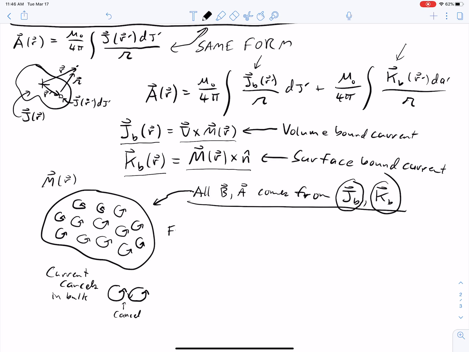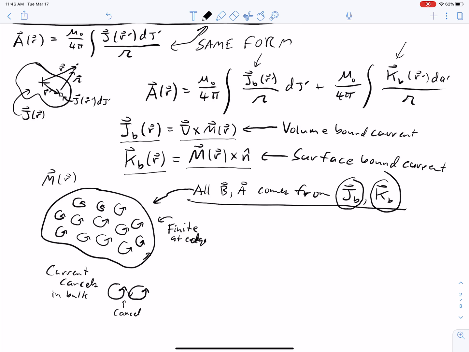So it's finite at the edge. So it makes sense that all these currents would cancel in the bulk, but I could still get some current at the edge. That current at the edge that I'm drawing so poorly right now is my surface current, K sub b.